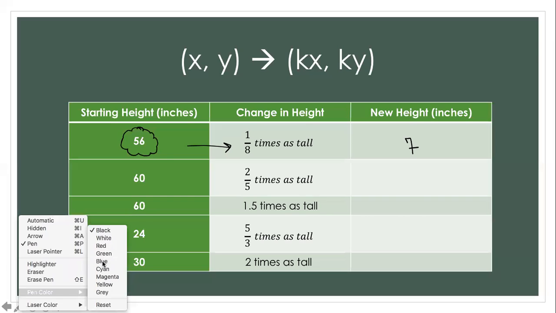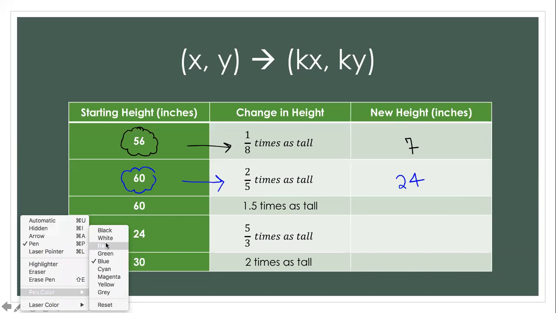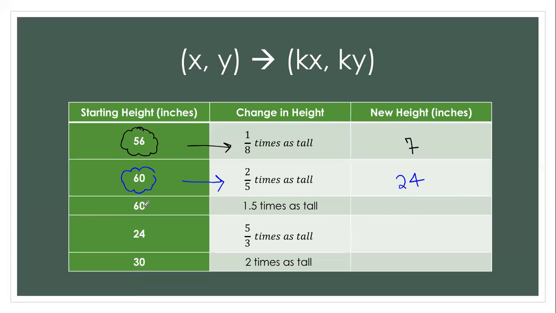So let's say something was 60 inches, and I want to make something that was 2/5 times as tall. 60 times 2/5 is 24. Let's say something was 60 inches, and I want it to be 1.5 times as tall. 60 times 1.5 is 90.